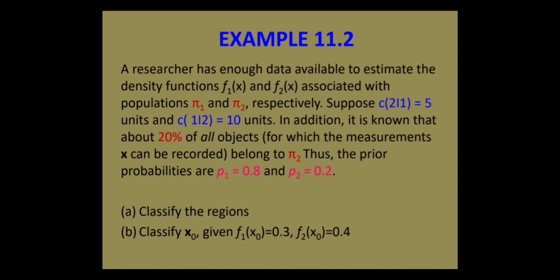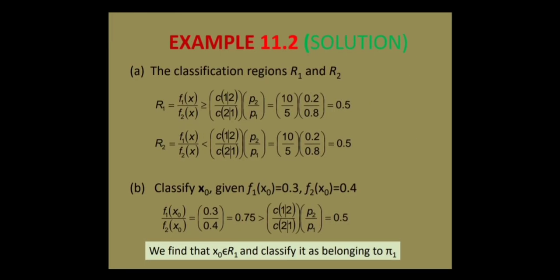So P adalah probability of prior, right? So P2 will be 0.2. So automatically P1 will be 0.8. So now we want to classify the region. You want to know region 1 macam mana, dekat mana, region 2 dekat mana. So we use the formula tadi. Okay, this classification region formula tadi.